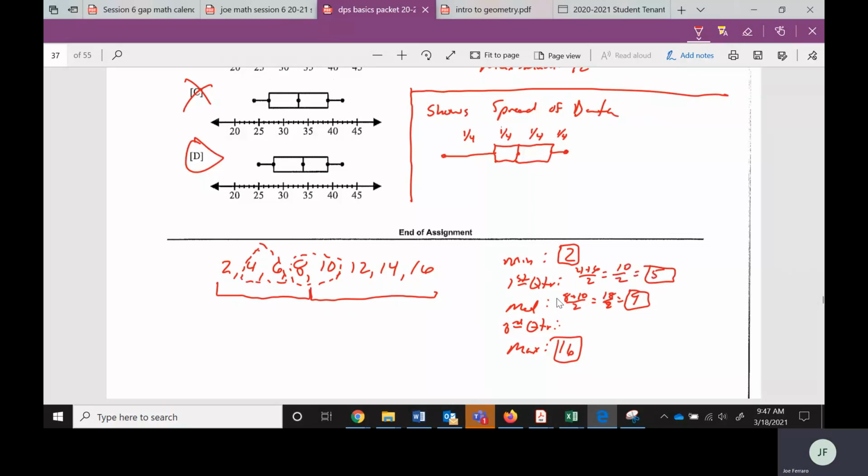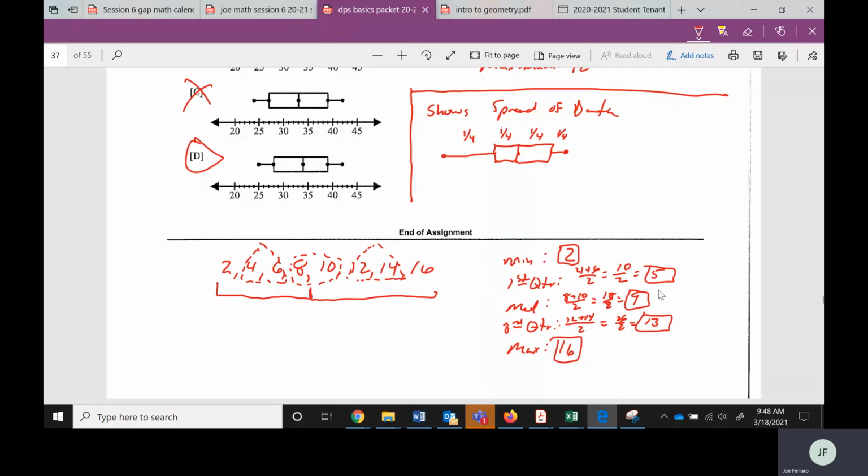First quartile would be a 5. Same thing here. There's 4 numbers. If there was 5 and 5, then you could find the median of the half. So you add this, 12, and 14. That's 26 divided by 2, and that equals 13. So I just wanted to show you that if you had to produce one of those.